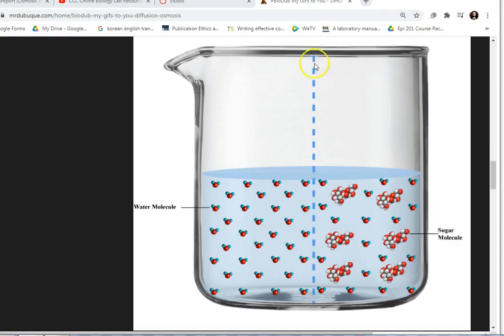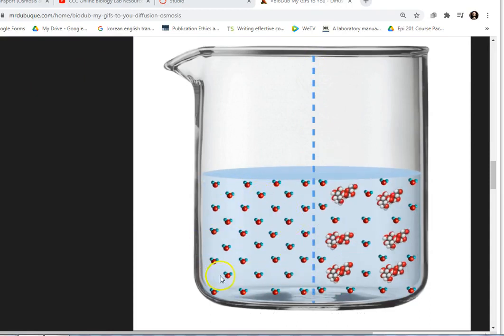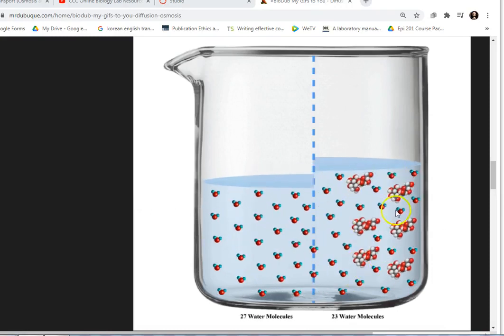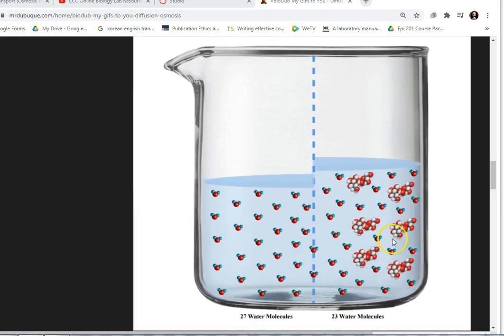As we can see here, we have a semi-permeable membrane, and on one side of the beaker or compartment you have purely water molecules. On the other side of the semi-permeable membrane, you have a mixture of water molecules and carbohydrate sugar molecules.